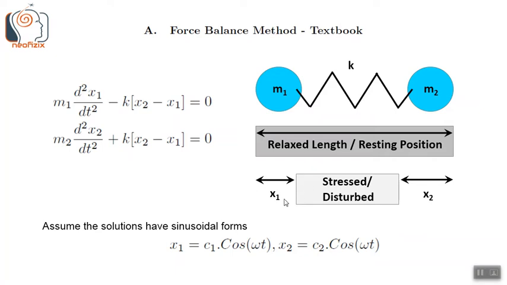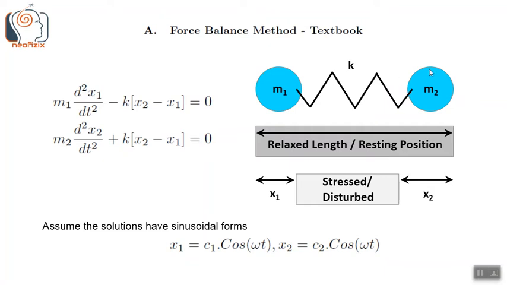When x1 and x2 are 0, or more generally when x1 is equal to x2, the spring is relaxed or in its natural length and the masses are in their original resting position. Any deviation from 0, that is, if x2 minus x1 is not 0, then it indicates that the spring is stressed and the masses are not in their resting position.